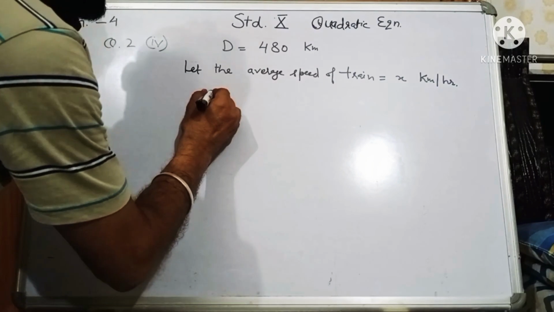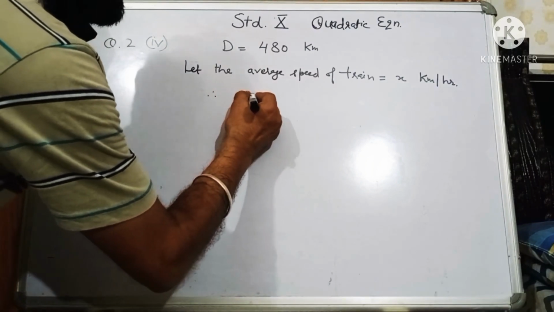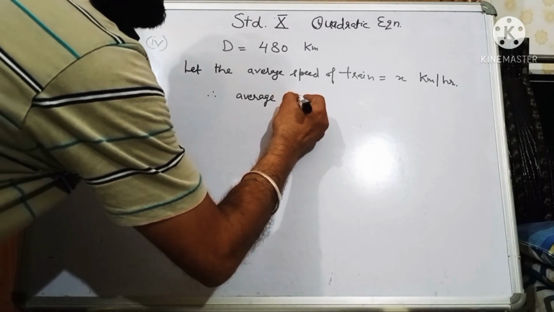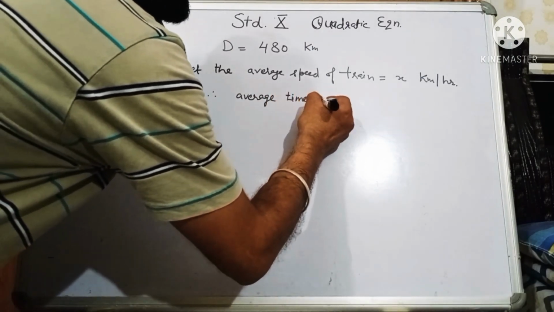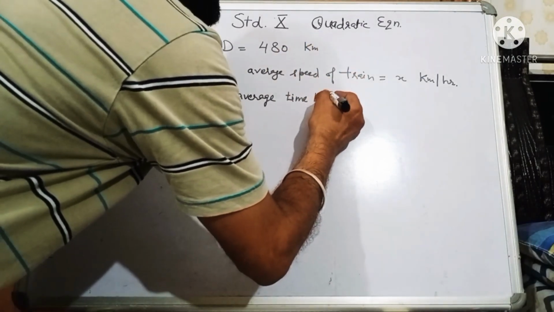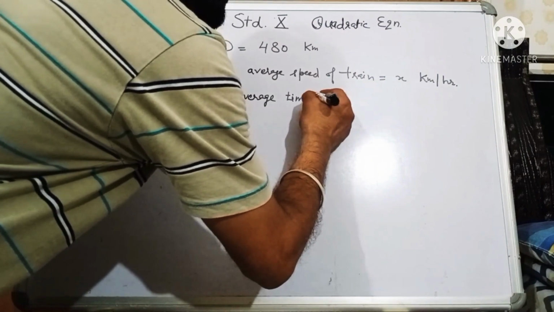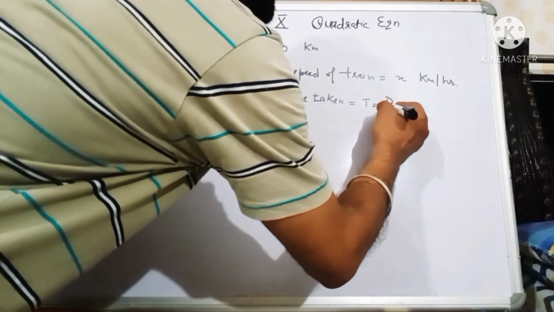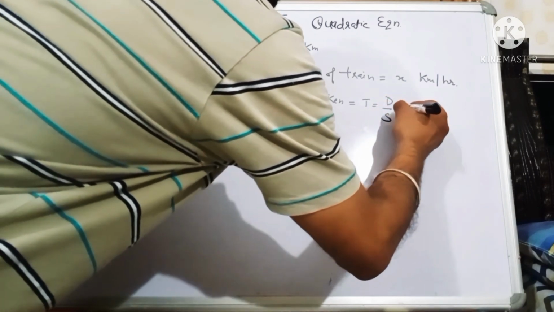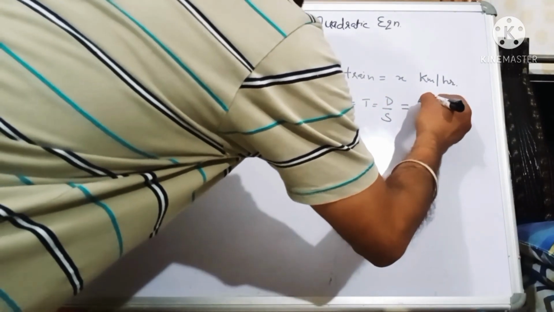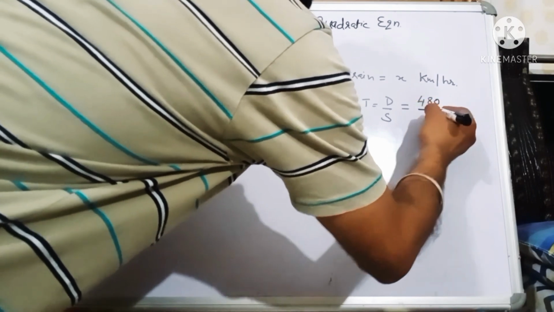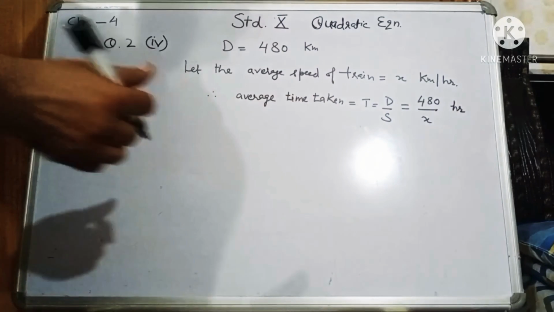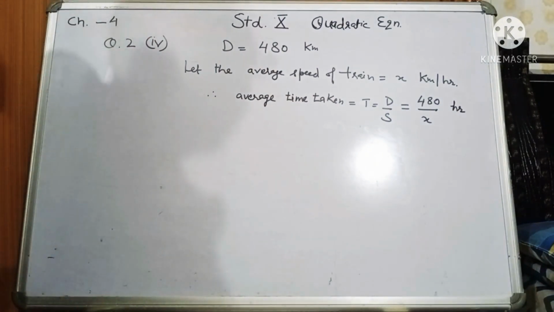Therefore, the normal time taken by the train to cover a distance of 480 km: you know the formula, time is distance over speed. Now distance is 480, speed is x, so this many hours the train will take at the average speed.